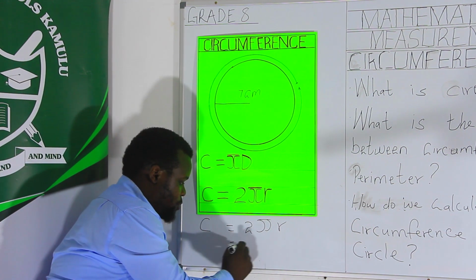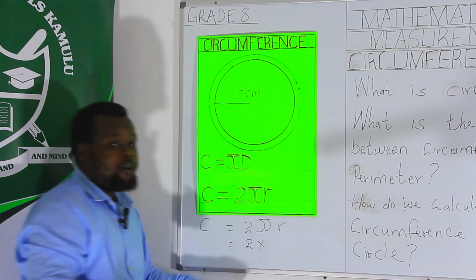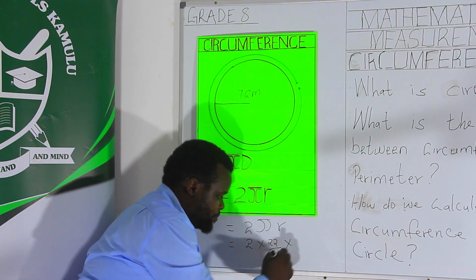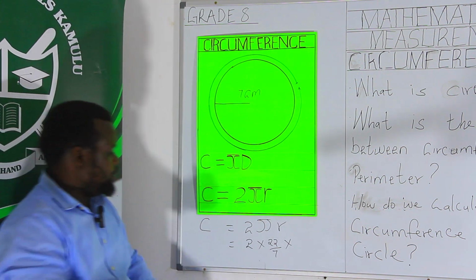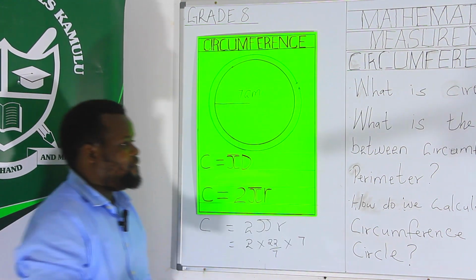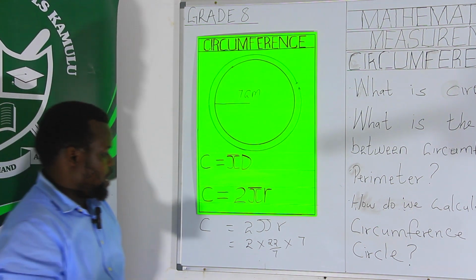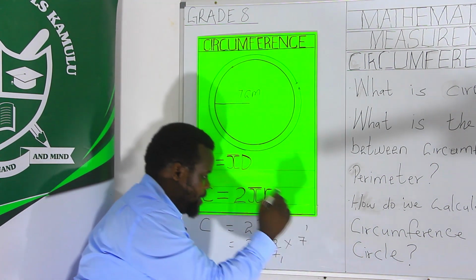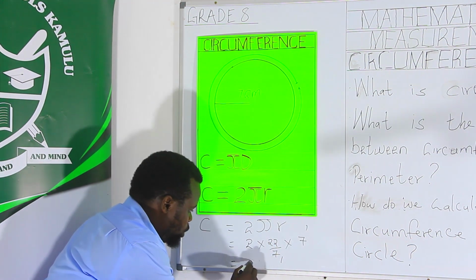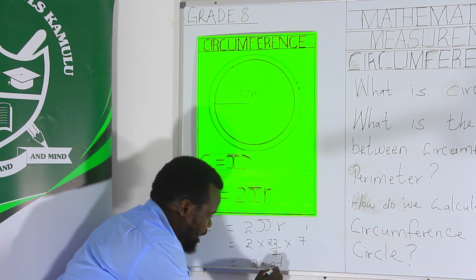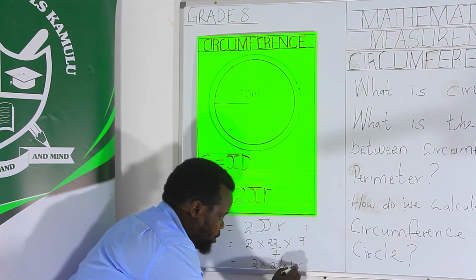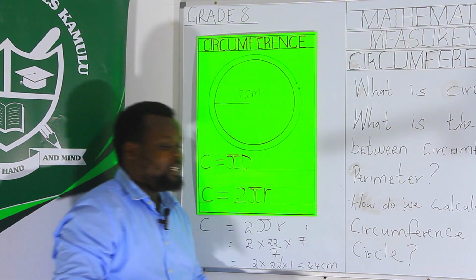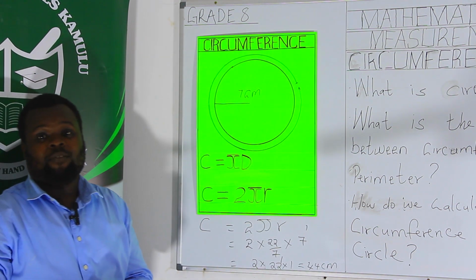We have 2 times pi, and we always know that pi is 22 over 7, times the radius that we have here, which is 7. We are going to cancel: 7 goes here 1, here 1, and we are going to have 2 times 22 times 1, which is equivalent to 44 centimeters. And that is our circumference.